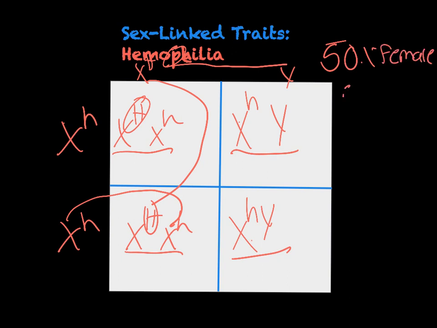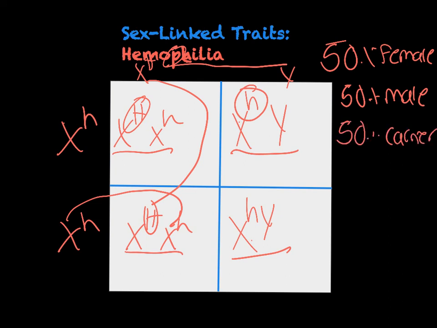And then 50% will be male. On the male side, the offspring will have hemophilia because there's only a little h. So 50% will be a carrier. And 50% will be hemophilic.